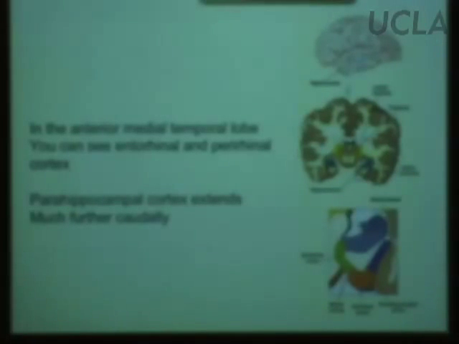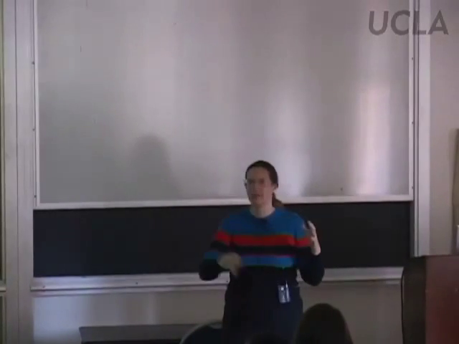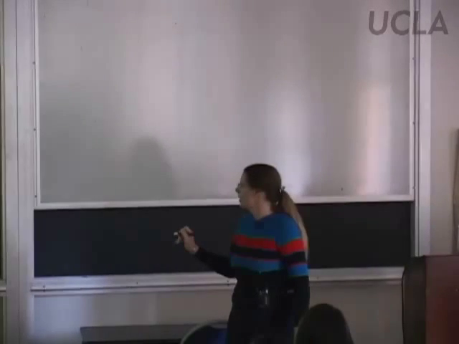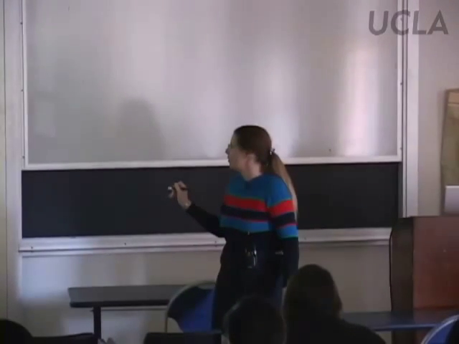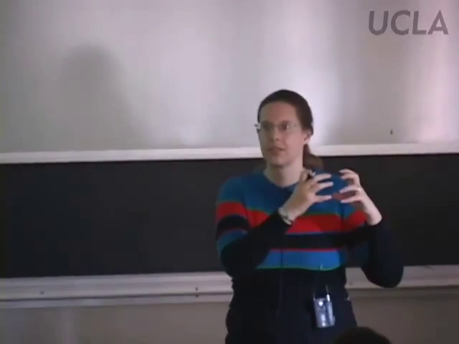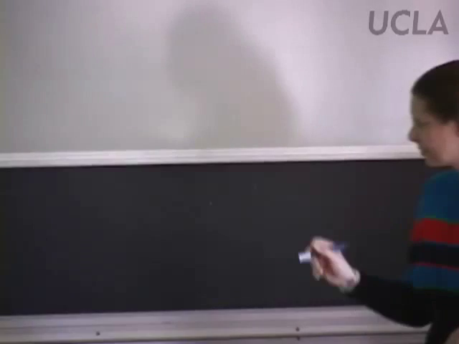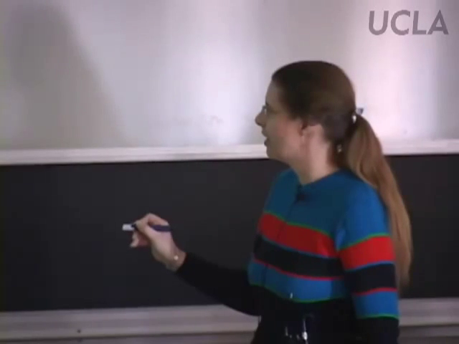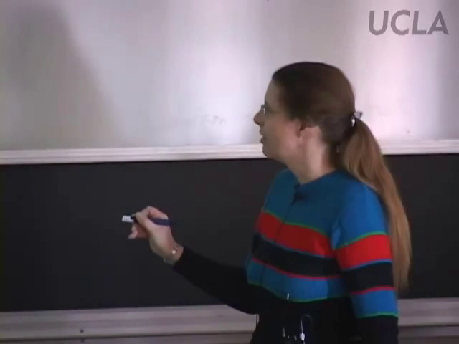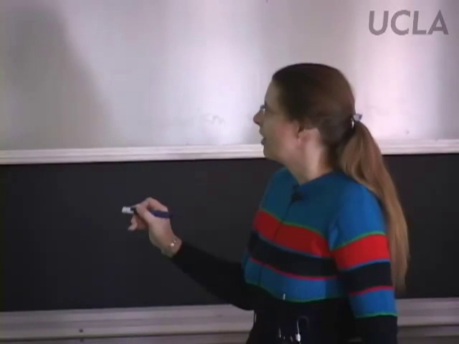So the parahippocampal cortex is the caudal part of the parahippocampal gyrus. The parahippocampal gyrus includes all these other cortical areas; parahippocampal cortex is the part that extends back the furthest. Okay? So these areas you probably saw in all your sections, and you made your decision to stop circling about there usually. Okay.